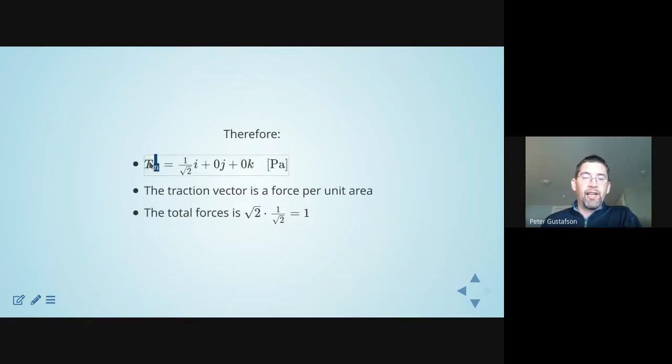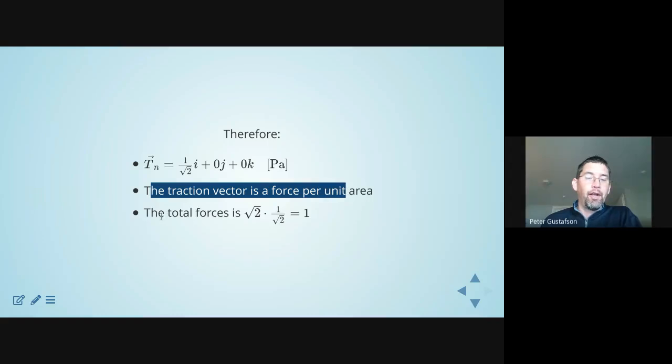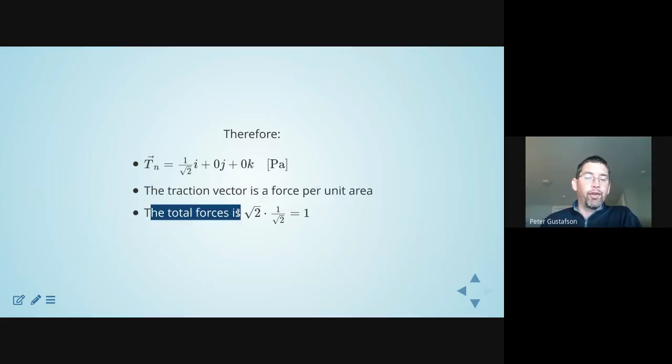Hence our Tn. Tn is equal to 1 over root 2 times i plus 0 plus 0. Again, the traction vector is force per unit area, and the total force is now the total area times the magnitude of the traction vector, so this is going to be equal to 1.